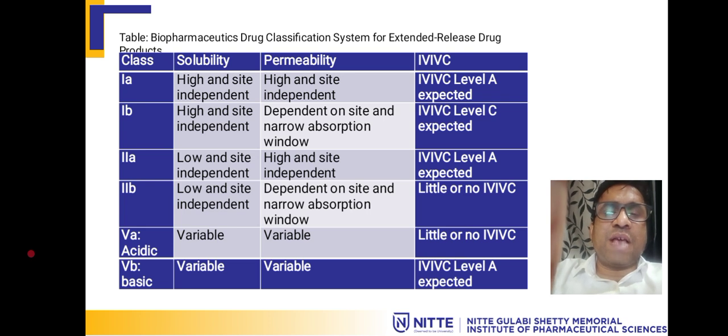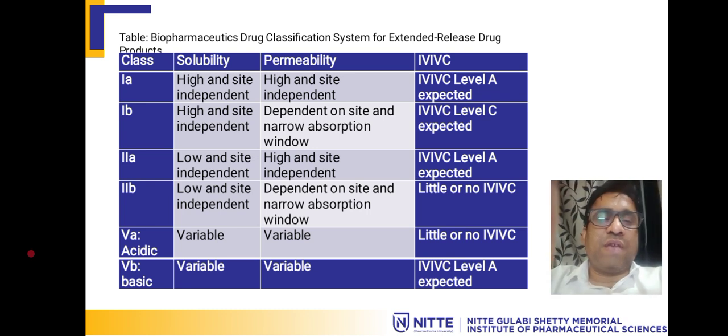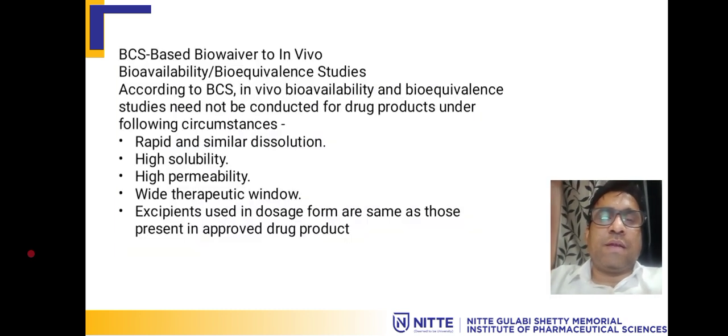Class 3A acidic, class 3B basic, class 4: solubility is variable and permeability also variable, little or no IVIVC. Class 5B basic, variable in case of solubility and permeability, and IVIVC level is expected to be A.